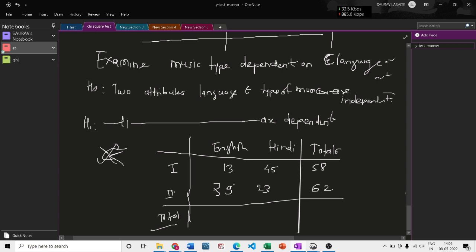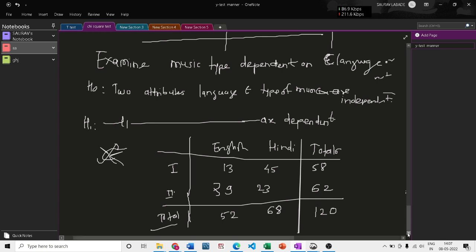Okay, and here it is 52 and 68, right? So what is the value of capital N? It is 120, right? So the value of capital N is 120.